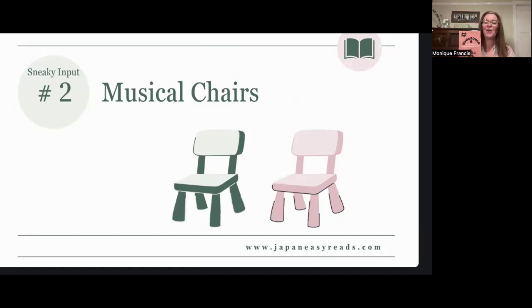You'll get, hopefully, a large chunk of the story read through, and all the while the students are listening intently for that buzzword. As soon as they hear that buzzword, they find a seat, and the person without a seat sits out.